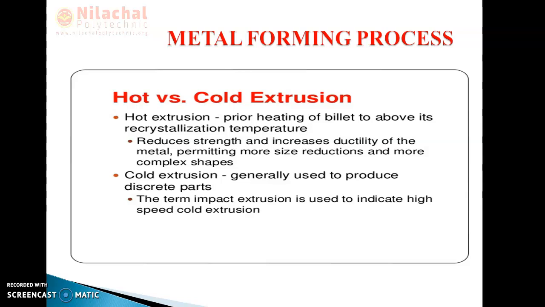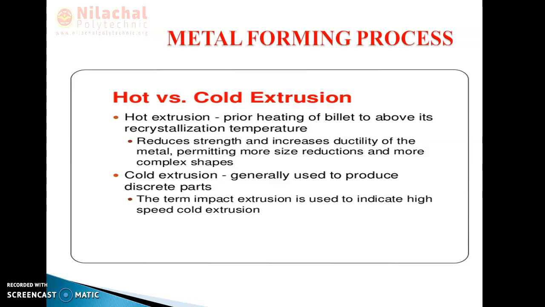Here in hot extrusion, strength is reduced and ductility increases, permitting more size reductions and more complex shapes. As the work metal is heated to its recrystallization temperature, its ductility increases, so more reduction of the metal takes place.